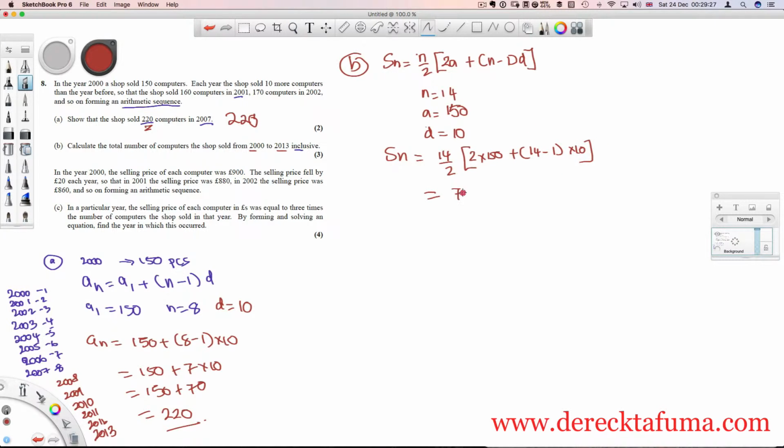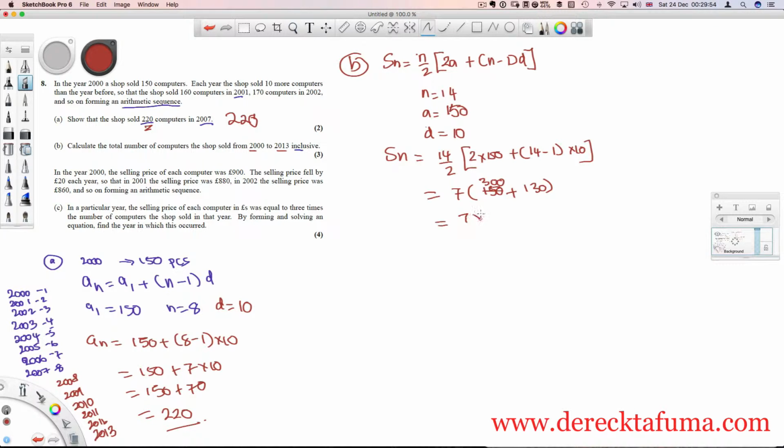That gives us 7 times (300 plus 130). 13 times 10 is 130, and 2 times 150 is 300. 300 plus 130 is 430.